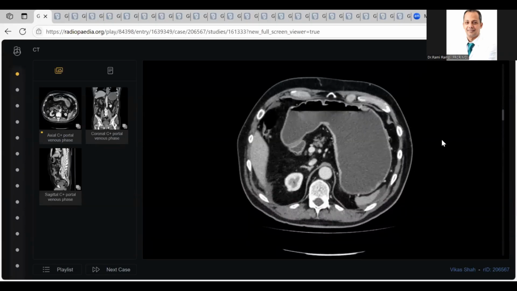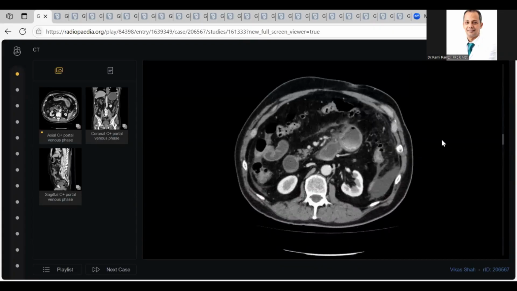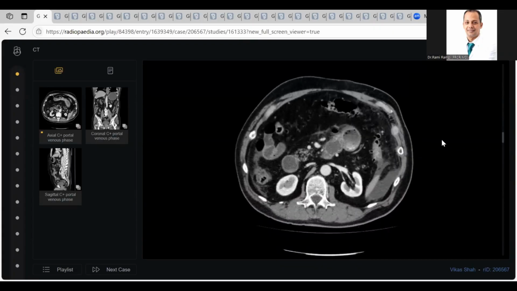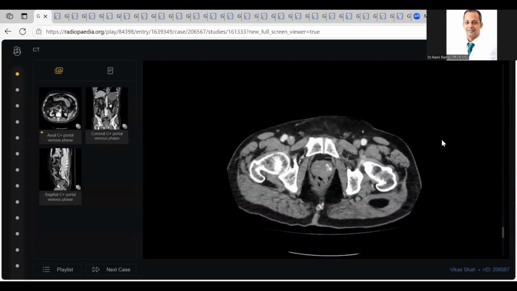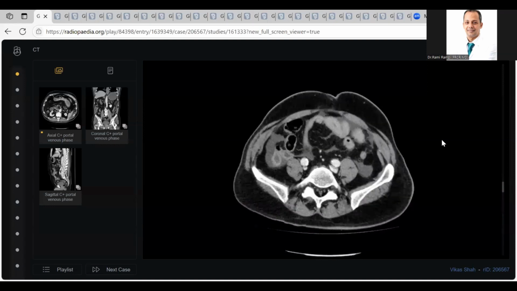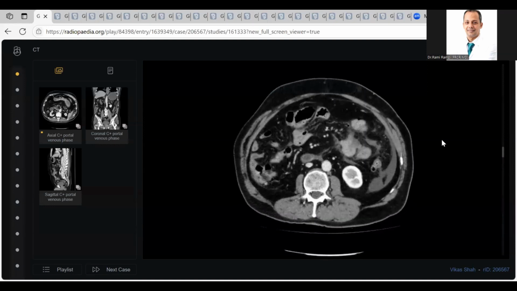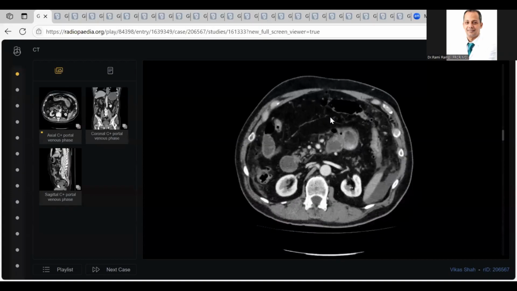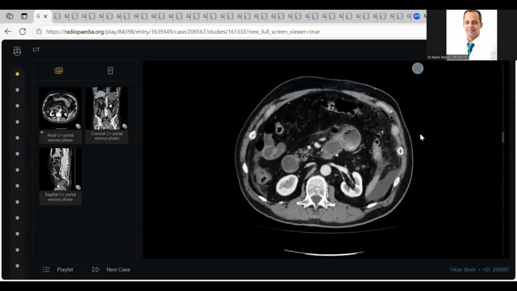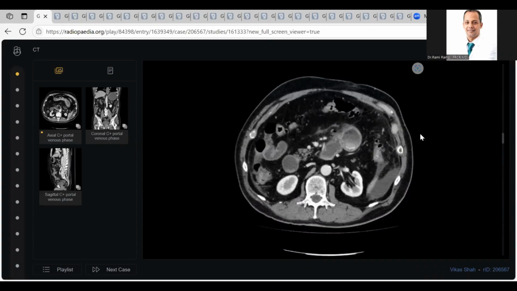Then you came here, there are some alarming signs. My friends, try to first scroll through all the images. Then be intelligent enough to tell yourself, oh, this is a case of this region. Why do I see multiple findings here? Let's concentrate here.